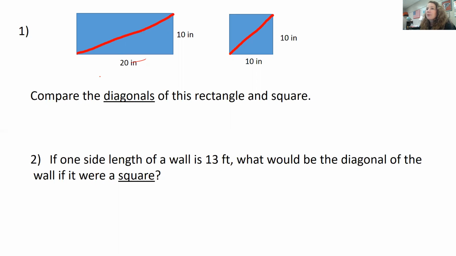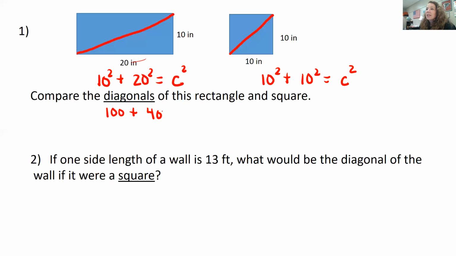So on this problem, we're going to say 10 squared plus 20 squared is our hypotenuse squared, or our diagonal. And on this one, we have 10 squared plus 10 squared is our hypotenuse squared. So 10 squared is 100 plus 20 squared is 400, and that's going to equal our diagonal squared.